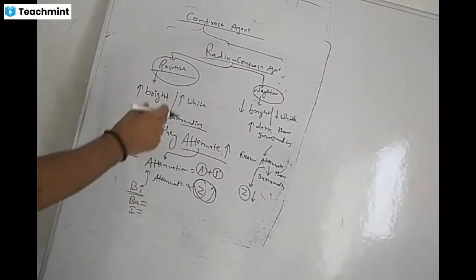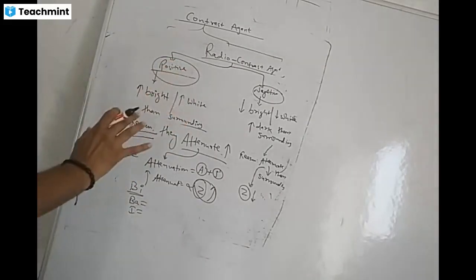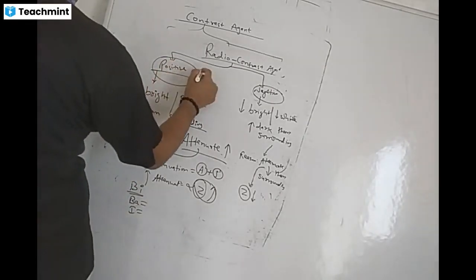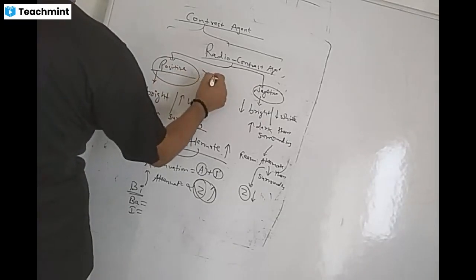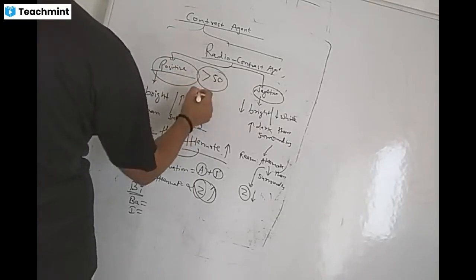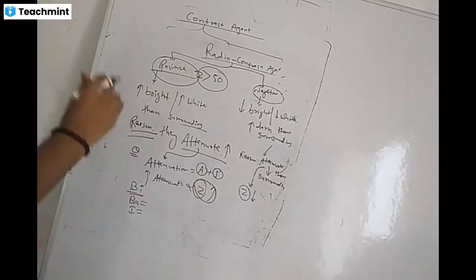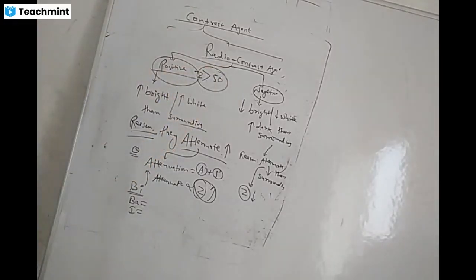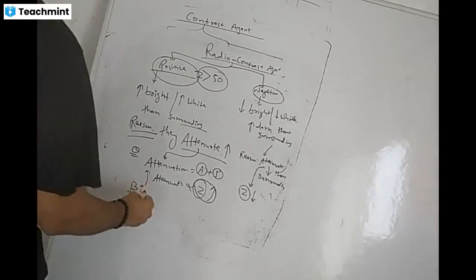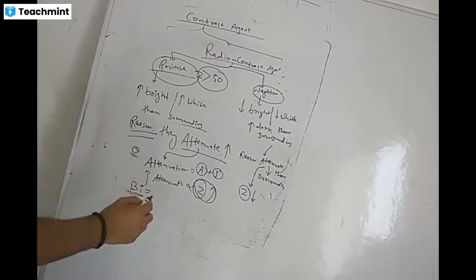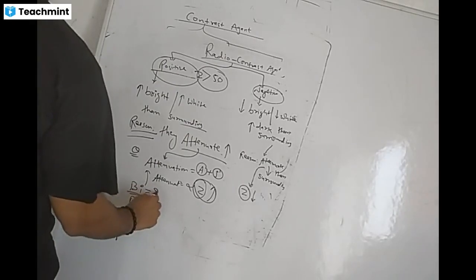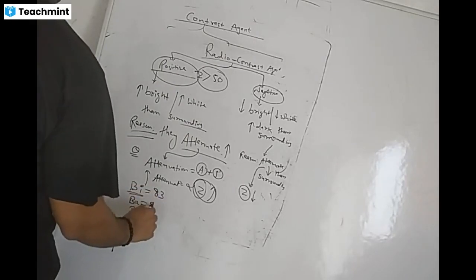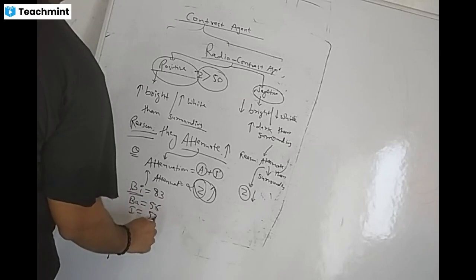For positive agents, there is one requirement. This positive agent must have an atomic number more than 50. This is the first requirement. Bismuth, which was toxic and replaced, was fulfilling this requirement, with 83, 56, and 53.